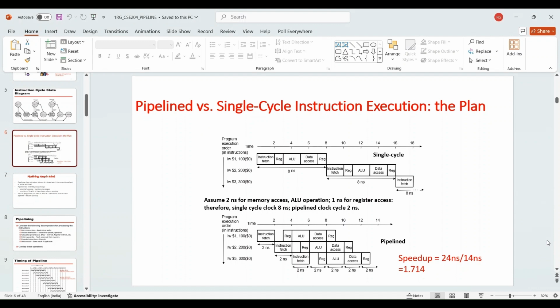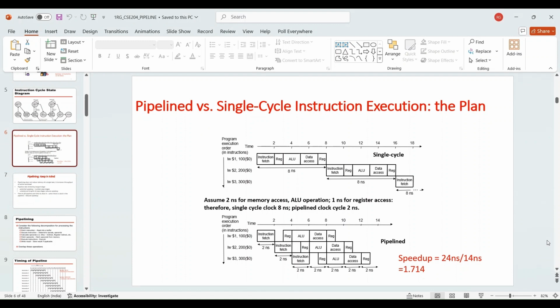Now, the bottom picture is showing that all the stages are made equal. So if reading from register was taking 1 nanosecond, then it is made to take 2 nanoseconds now.